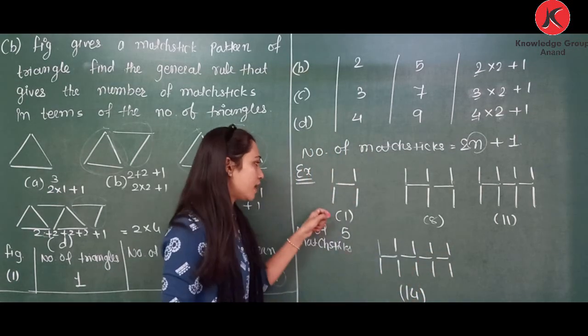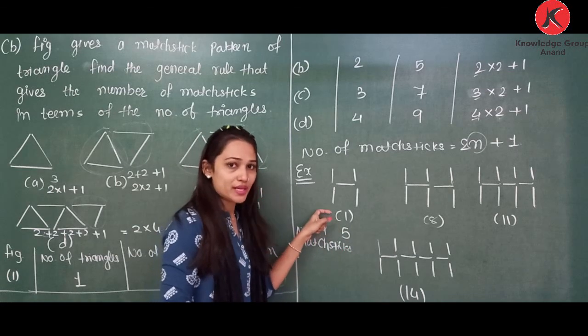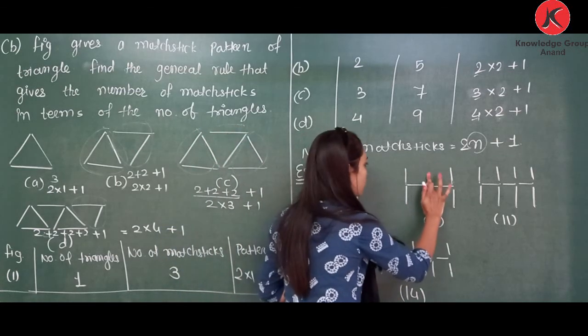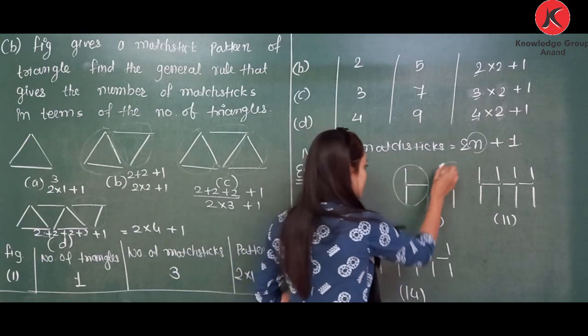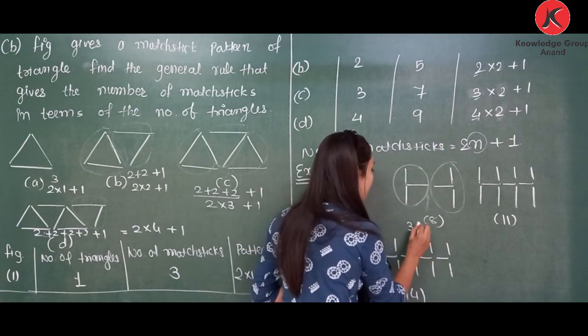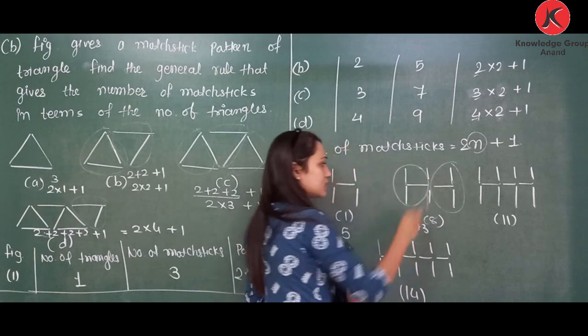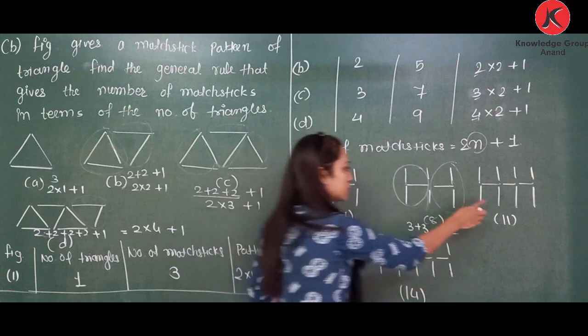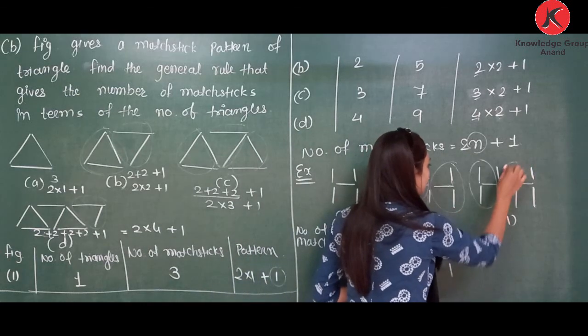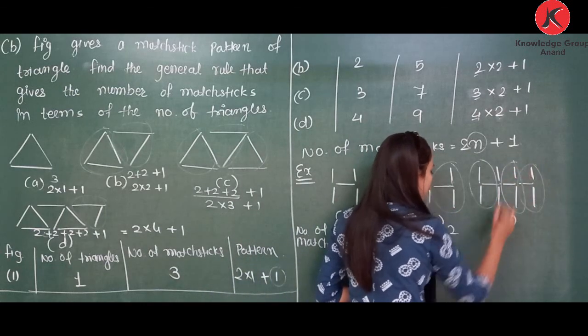Now you can see every time we need to add 3 matchsticks. So here if we remove this 2, for the first we need 3 and for the second we need 3, so it is 3 plus 3 and 2 matchsticks that we need to add at the end, so plus 2. For this one 3, 3 and 3.